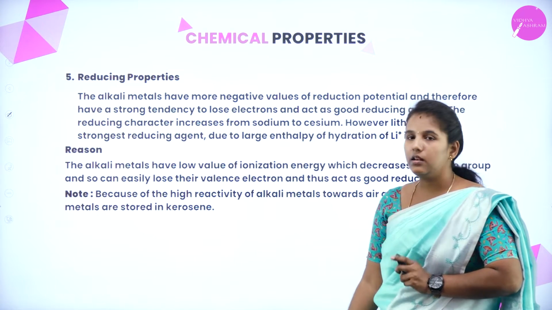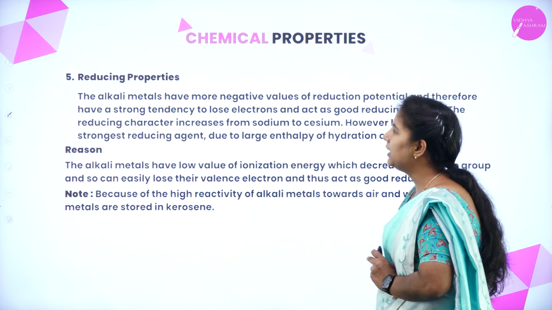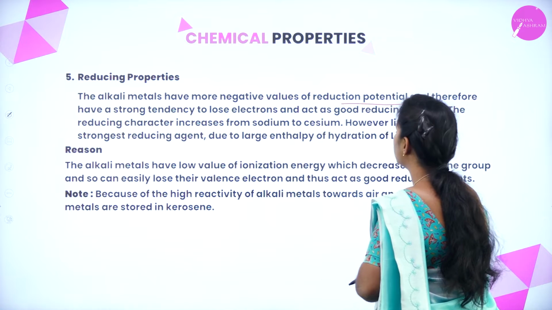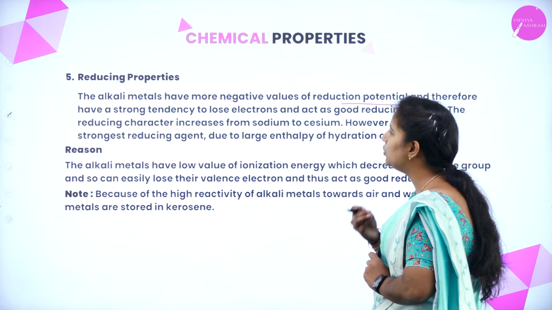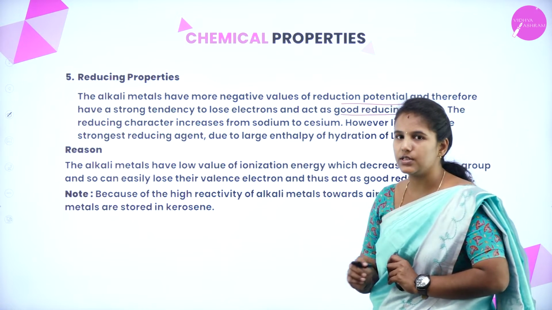Next is the reducing property of alkali metals. Alkali metals have more negative values of reduction potential. Therefore, they have a strong tendency to lose an electron and act as very good reducing agents.